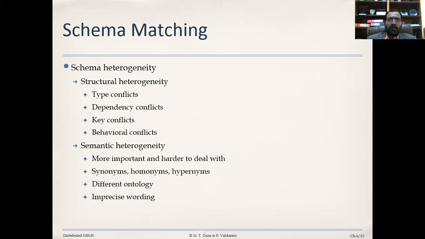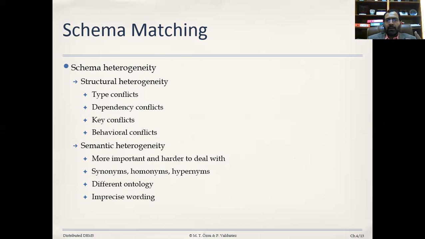So what is structural heterogeneity? It is basically based on the given structure. For example, in one table, the student is represented with various attributes, and you might have type conflicts.